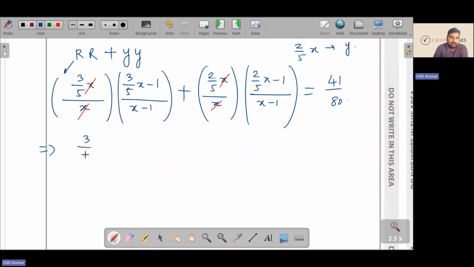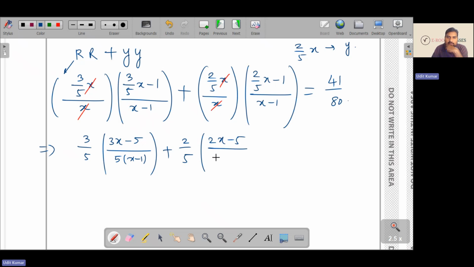So we will get 3/5 times (3x minus 5) divided by (x minus 1), plus 2/5 times (2x minus 5) divided by (x minus 1), and that equals 41 by 80.